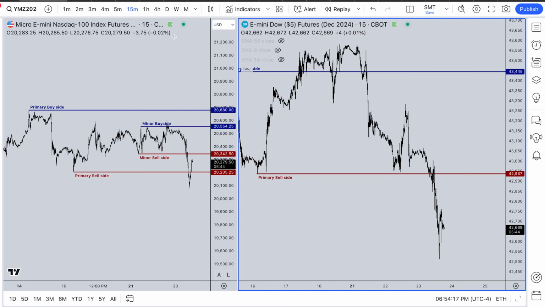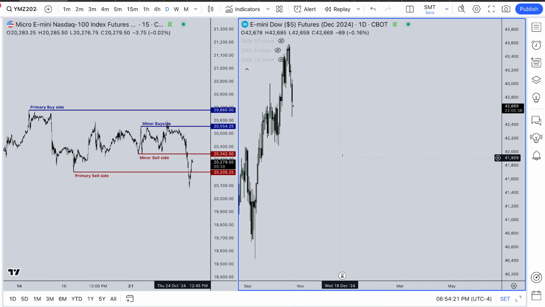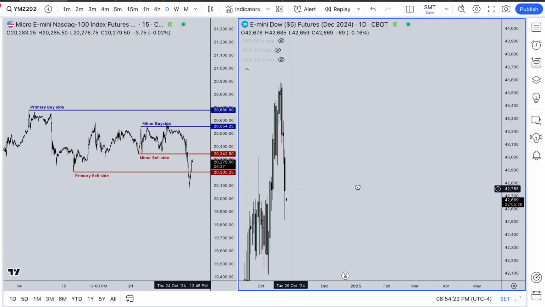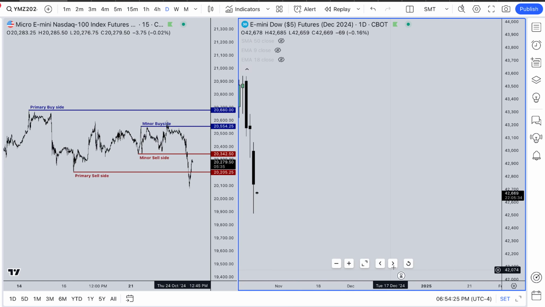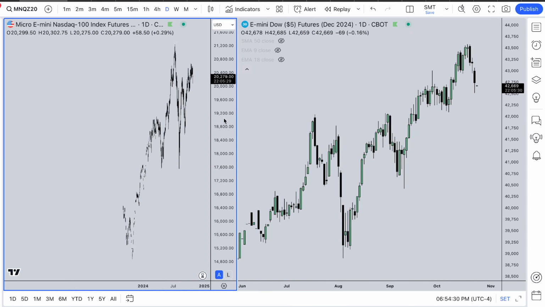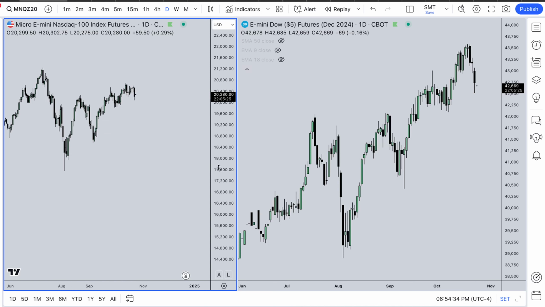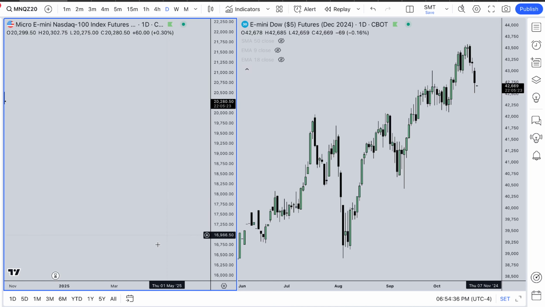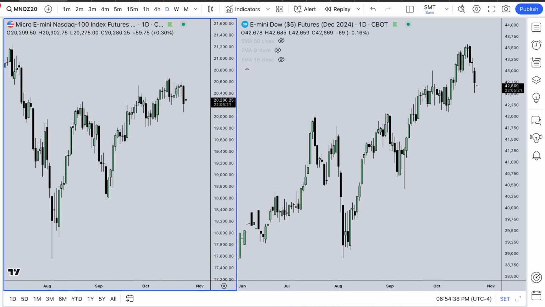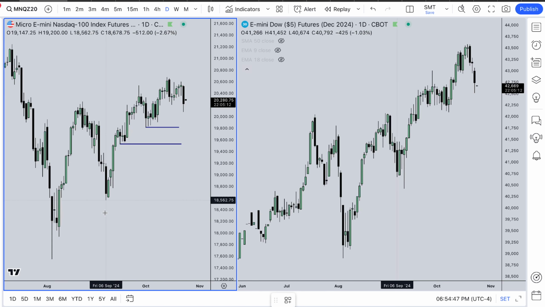Okay, what I want to do is go to the daily chart now. I mentioned this multiple times. What I want to see is an SMT here or here, maybe even here.